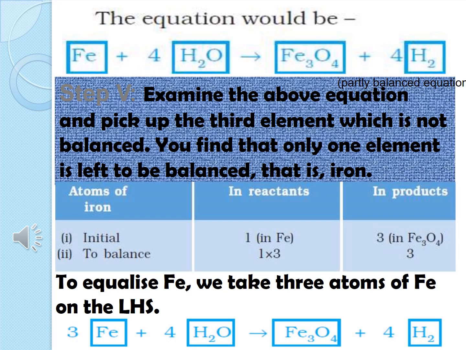Now we can see that only one element is unbalanced, that is iron. So for that we multiply iron by 3 on the reactant side and the equation becomes 3Fe plus 4H2O gives Fe3O4 plus 4H2. Now this equation is balanced because the number of atoms of each element on both sides is equal.